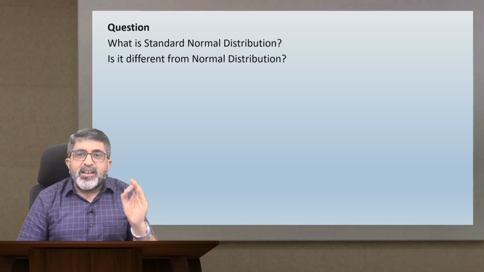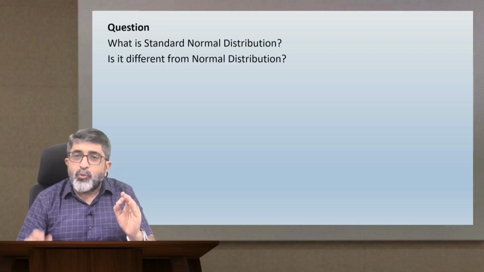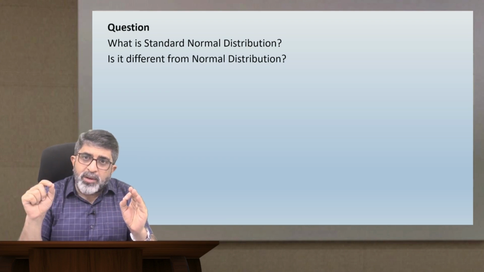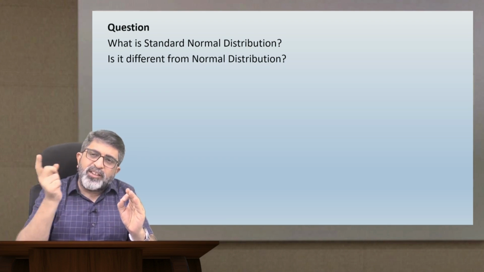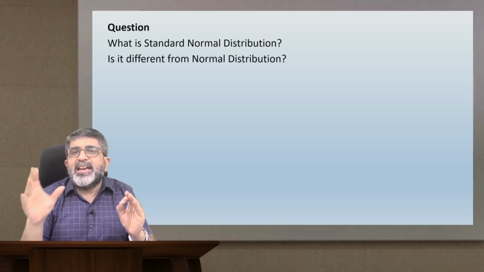Basically, it is the normal distribution. When you are observing the normal curve with the x line, it is the normal distribution, and it is the standard normal distribution when you are observing the normal curve with the z line.